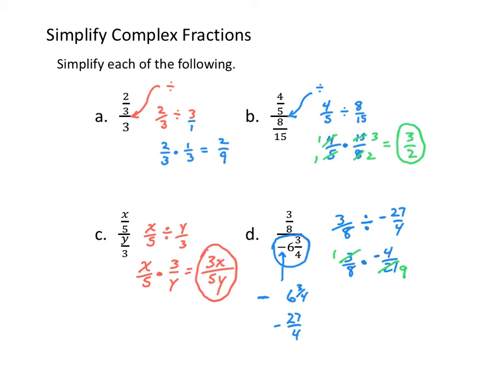We can reduce the 4 and the 8, but don't just lose your negative sign. 4 goes into there once. 4 goes into there twice. So we have a negative sign, because a negative divided into a positive would be negative. And we have on the top 1 times 1, which is 1. 2 times 9 is 18. Negative 1/18.